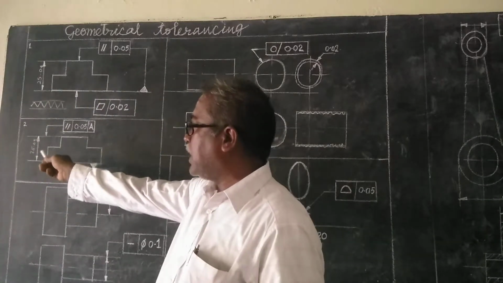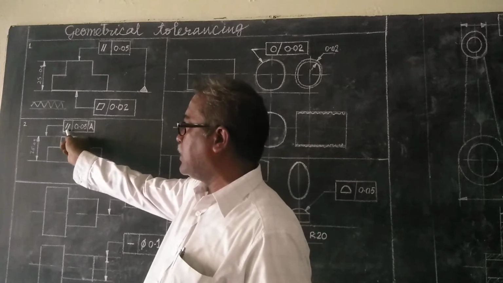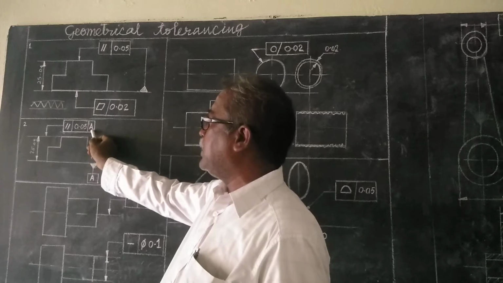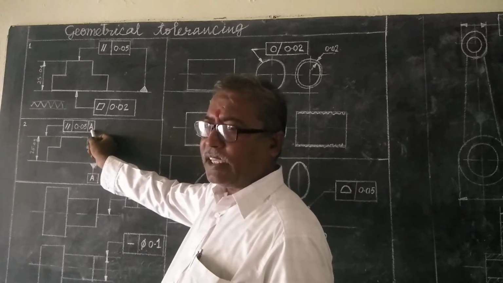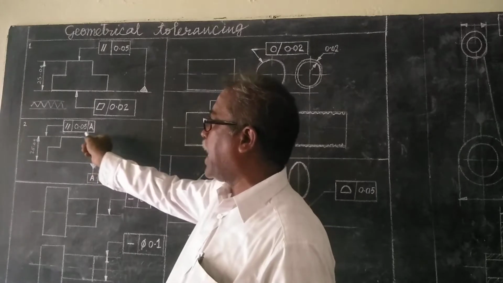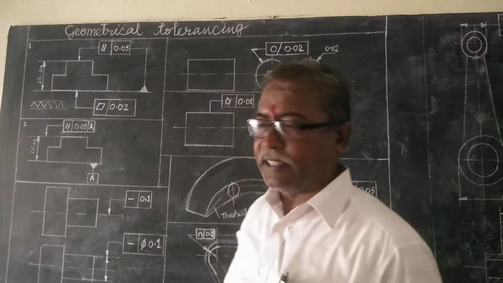Then for that 25.0 side, the parallel symbol is given, then the variation of dimension, then datum base A. When A is given, this surface is parallel to this surface. So like that you have to understand.